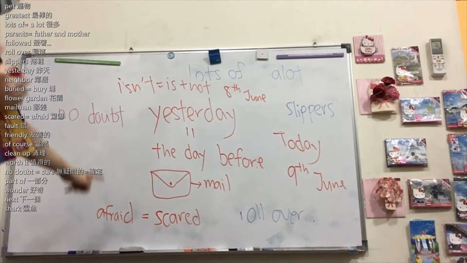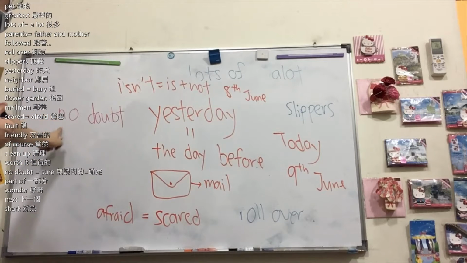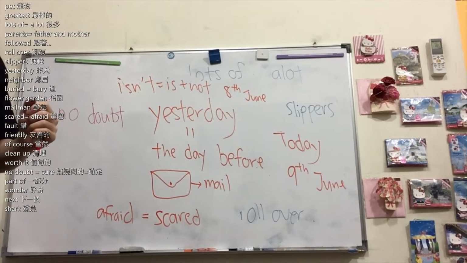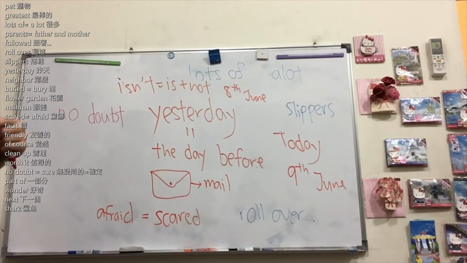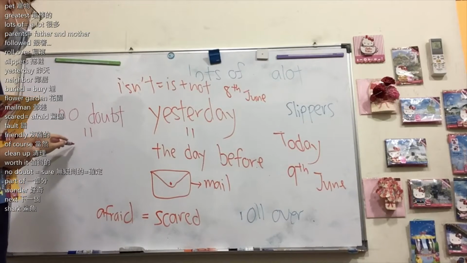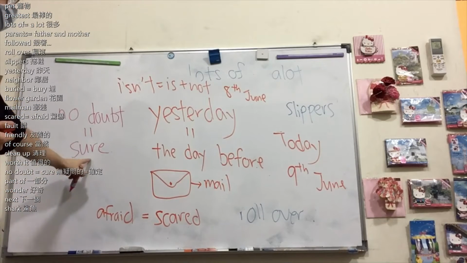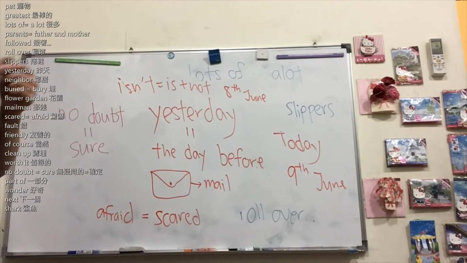Take note of the phrase, N-O D-O-U-B-T. When I say I have no doubt about something, it means I am very sure. That is the first phrase that we have to learn here.